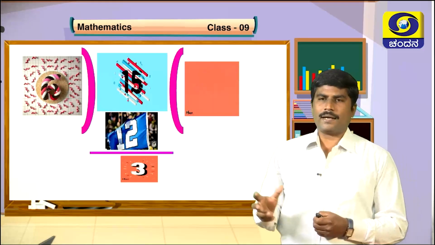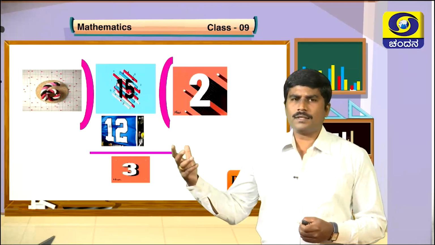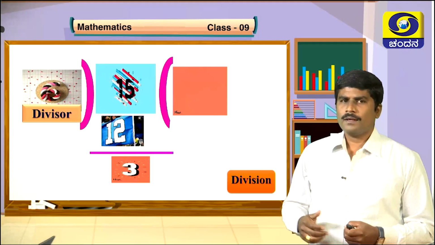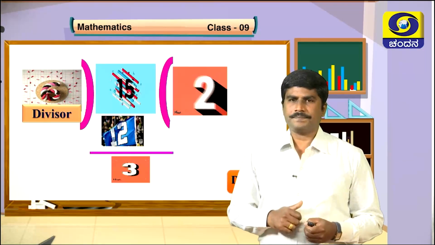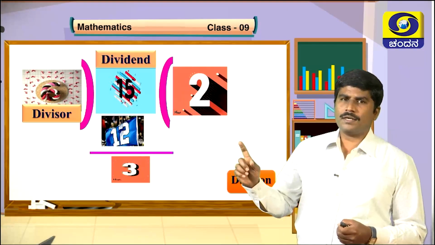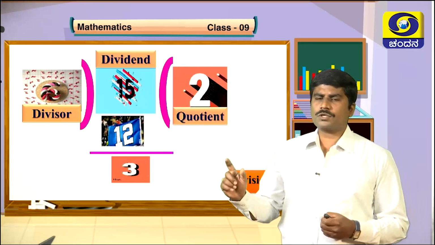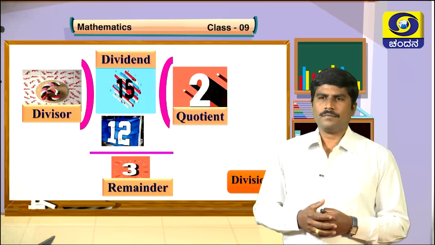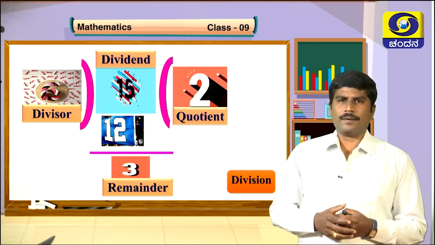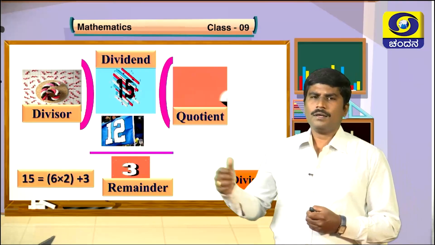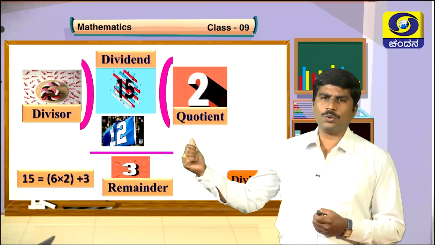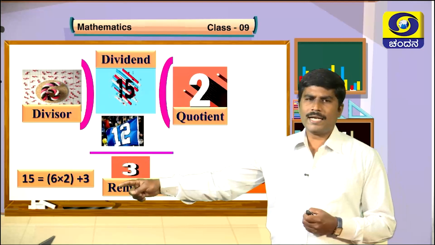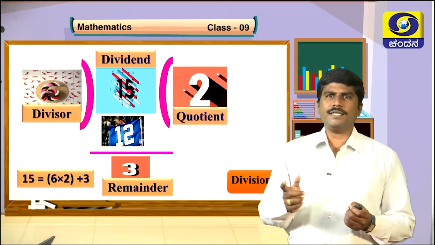This process is called division. Here 6 is called the divisor, 15 is called the dividend, 2 is called the quotient, and the remainder is 3. So we can write 15 equal to 6 into 2 plus 3.